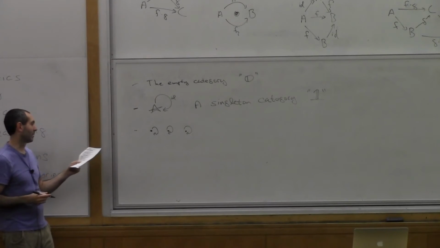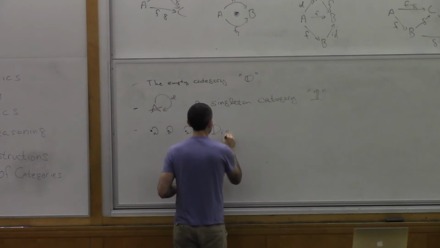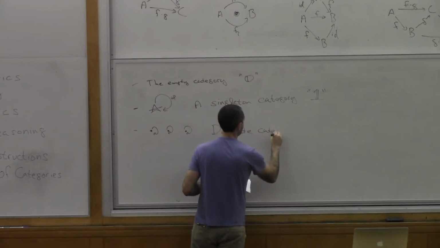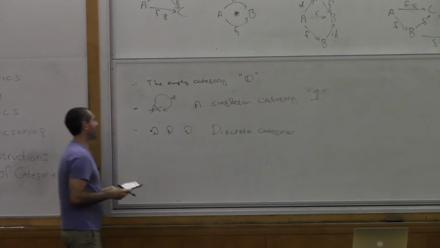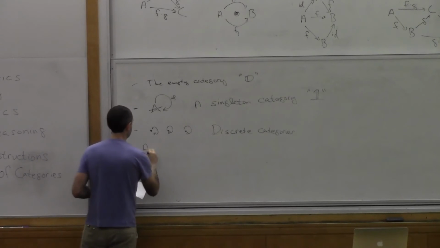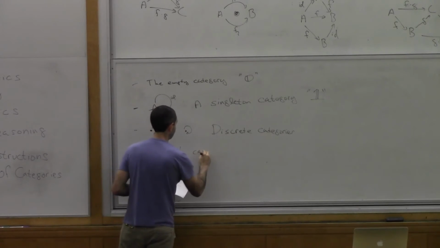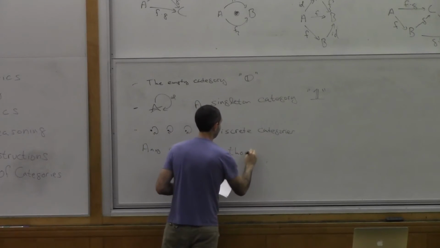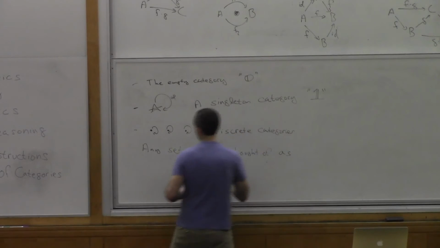But we can do this for any number of objects, and these are called discrete categories. And in fact, any set can be thought of as a discrete category.